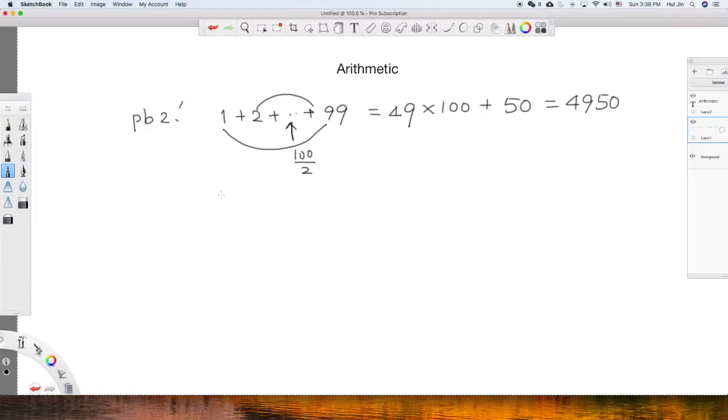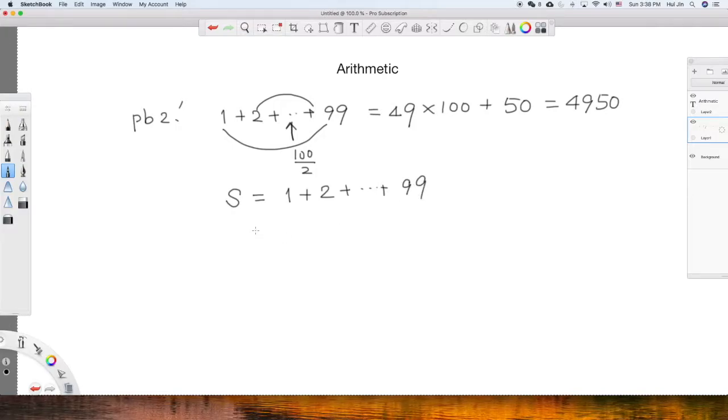Okay? But another way I personally much prefer is just reversing the order. Instead of worrying about whether it has even terms or odd terms, I'm going to write down S, which is the sum, equals 1 plus 2 plus all the way to 99.